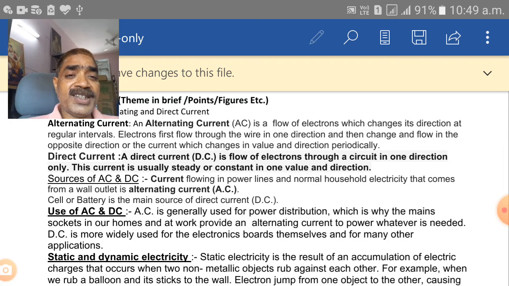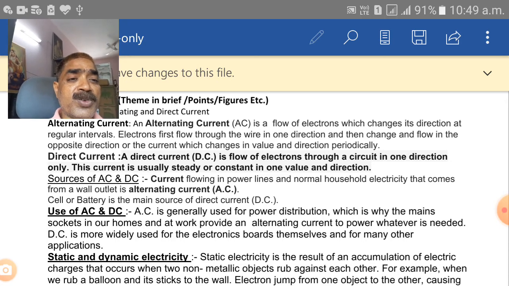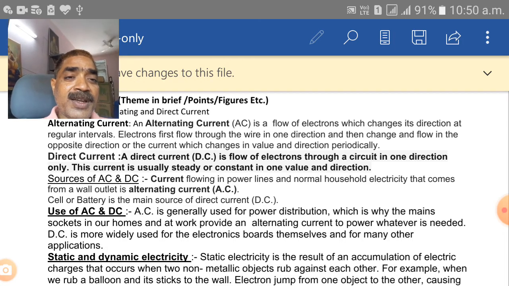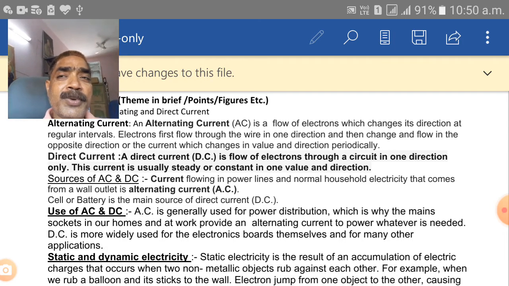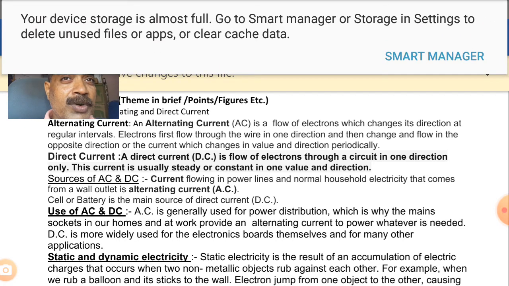Now we come to DC. DC is more widely used for electronic boards themselves and for many other applications. For example, the internal component of your TV is very small, so it requires a small amount of current.